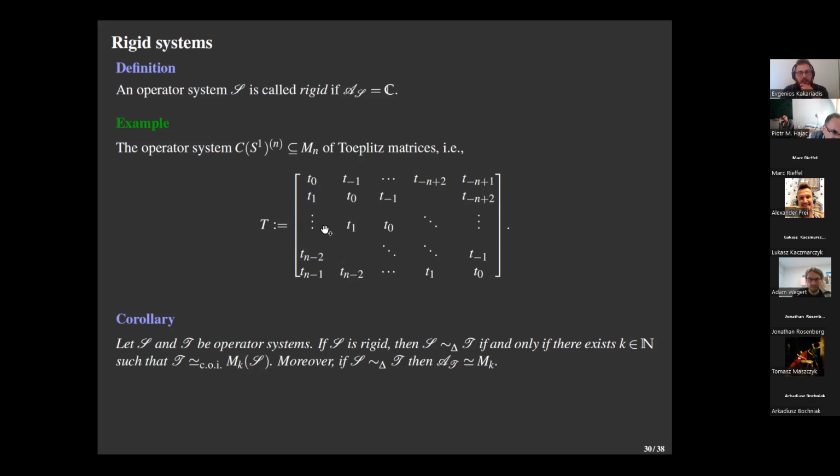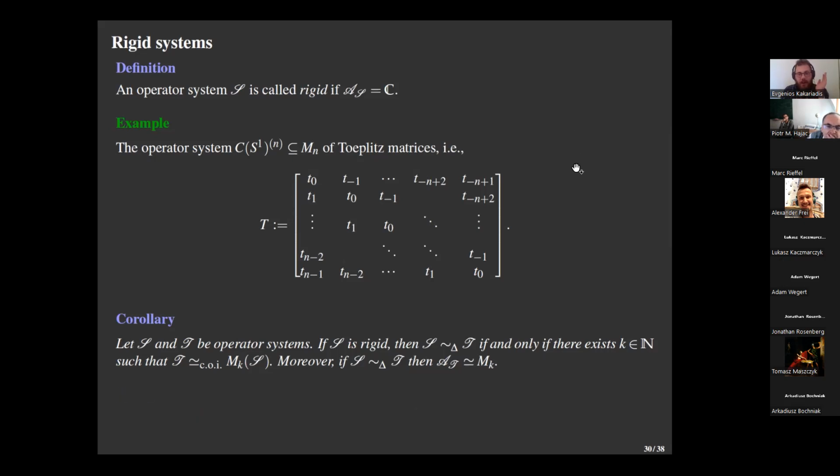You have an expansion and you truncate it at the nth level. It's a numerical matrix. Yes, so you are inside the scalar matrices. Okay. Thank you, Adam.